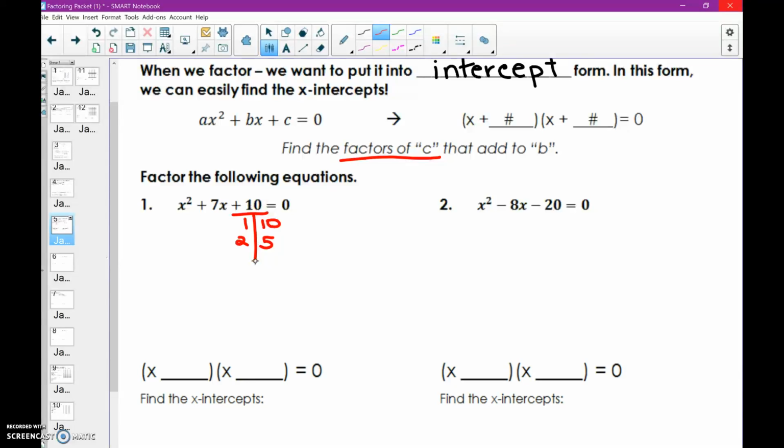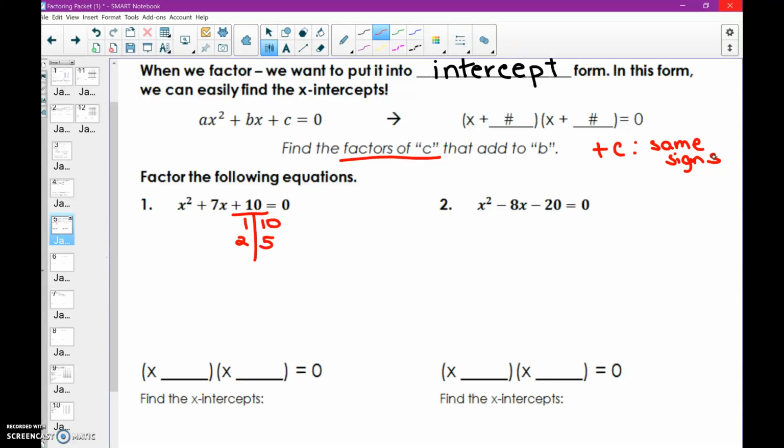So something to keep in mind as we progress through, if c is a positive number, and you might even want to write this off to the side, then I'm going to need the same signs.